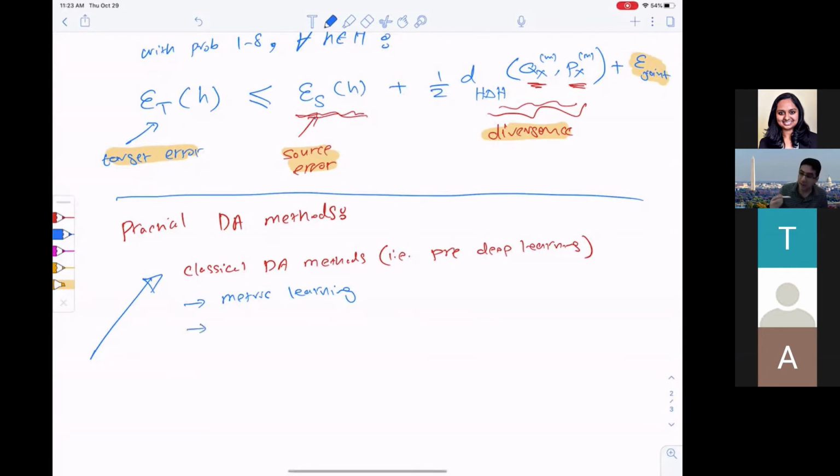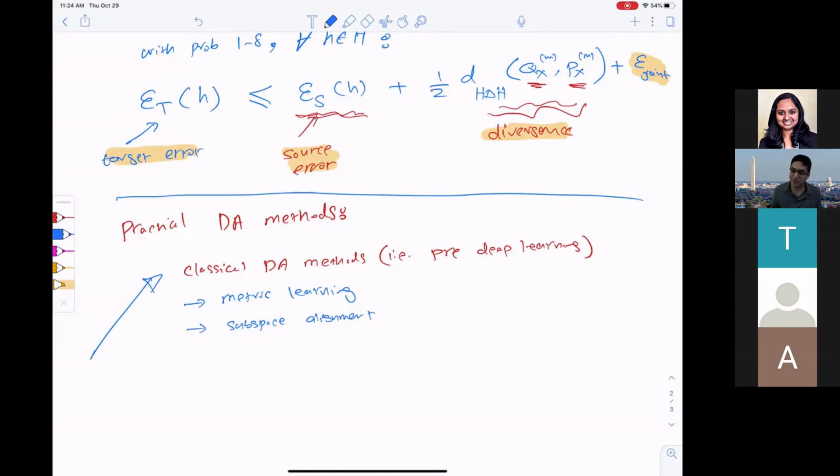Other areas of work look into subspace alignment. If you look at the PCA subspaces of your source and target, they can be very different.